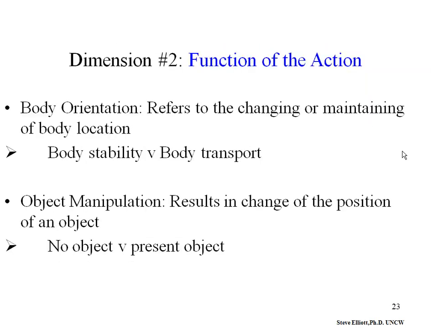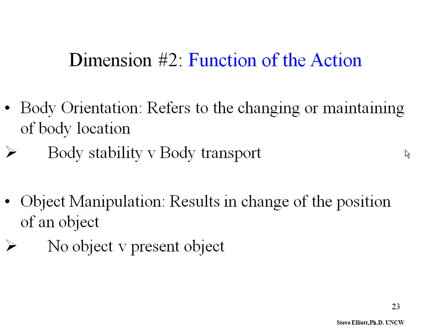The second dimension in Gentile's taxonomy is known as the function of the action. We can determine the function of the action by deciding whether or not performing the skill involves moving the body from one location to another, and whether or not the skill involves holding or using an object.